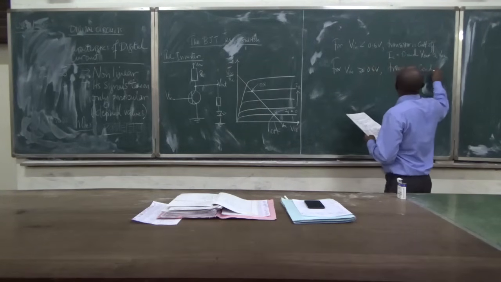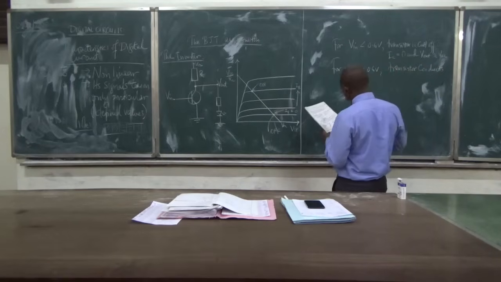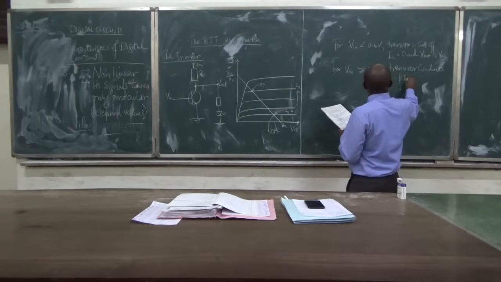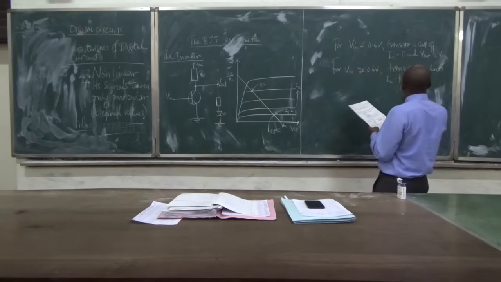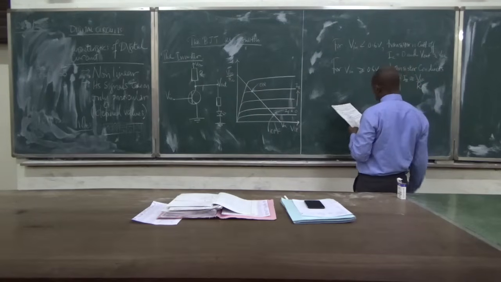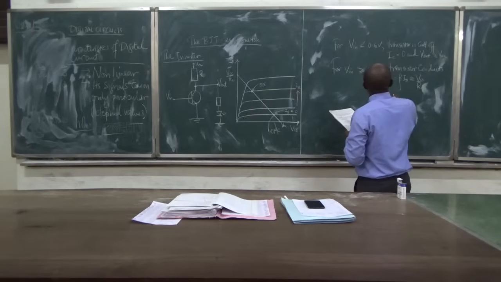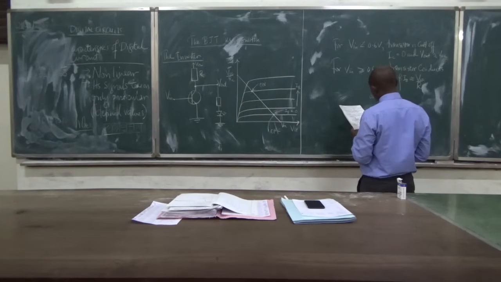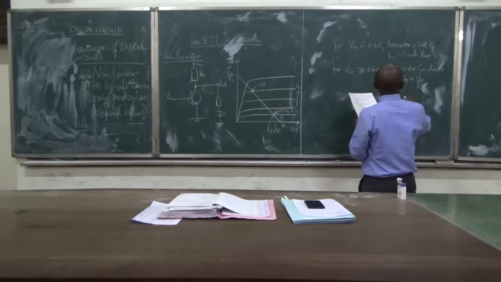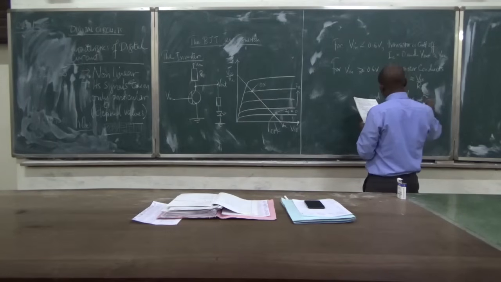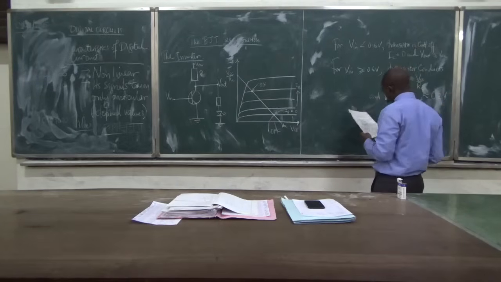If it conducts, IC is equal to beta ID, which is approximately VCC over RC, and then V out will be approximately equal to VCE, not VCC, at saturation, which is approximately equal to 0.2 volts.